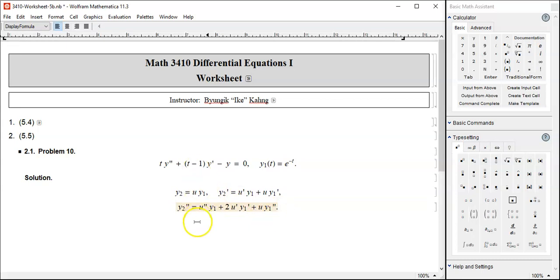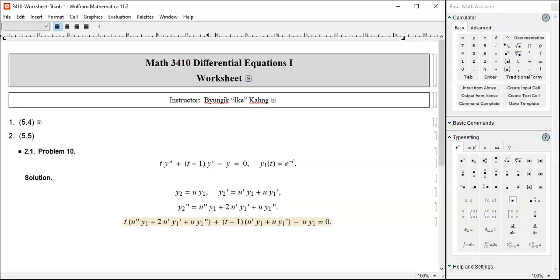Let's plug everything into the original equation here. So t times y double prime, so it's this one we are doing, plus t minus 1 and the y prime, we are putting this one in, minus y, so we are putting this one in. So we have to get that.